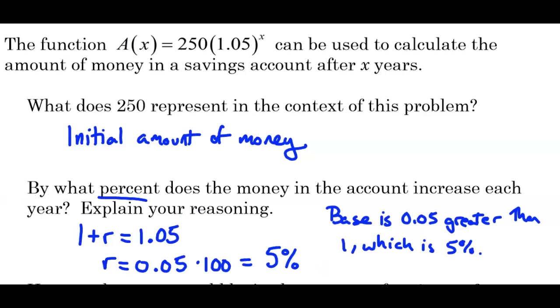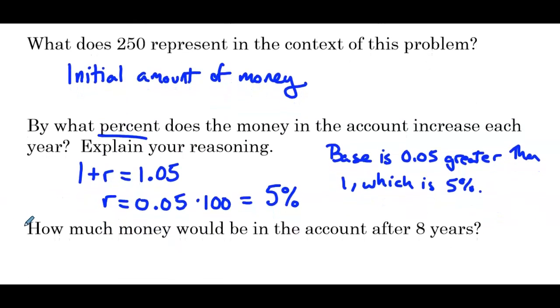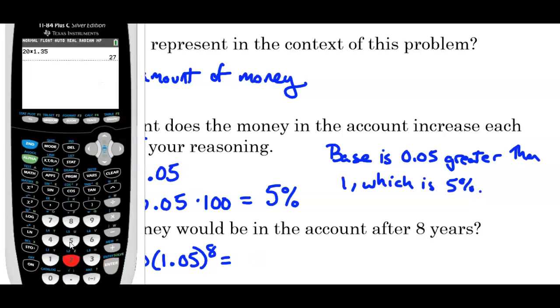How much money would be in the account after 8 years? So we're going to plug in 8 for x. So a of 8 equals 250 times 1.05 to the 8th. So we'll use our calculator here. So 250 times 1.05 in parentheses to the 8th.